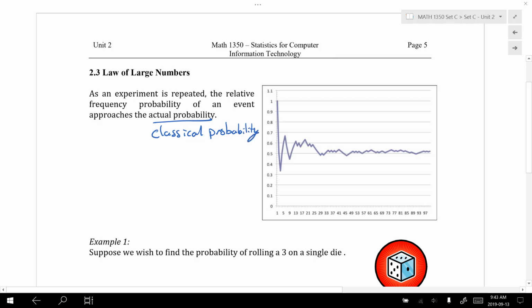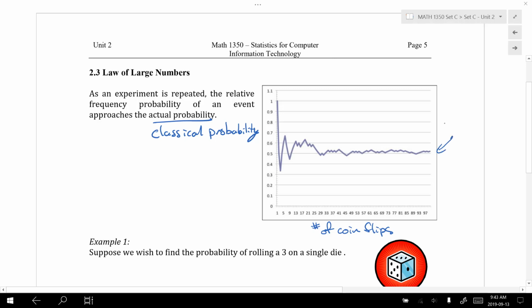So this graph here is an example of this. The x-axis here is the number of coin flips in some experiments. On the y-axis is the proportion of heads. You can see that it looks like we started out maybe getting ahead, but it jumps up and down.